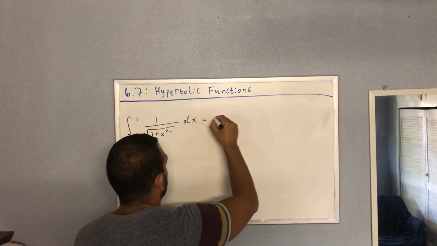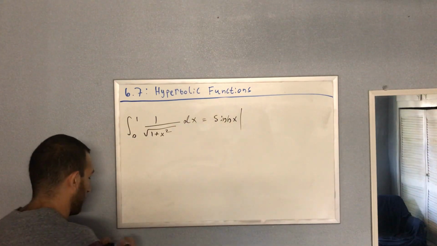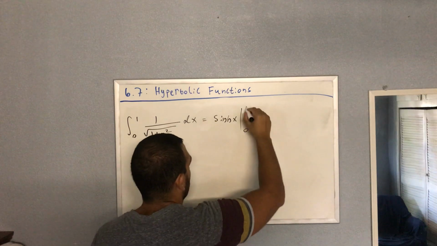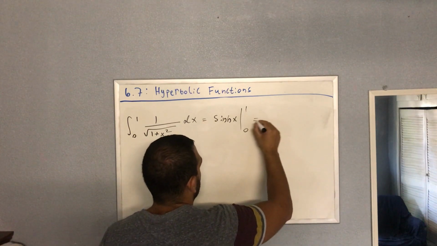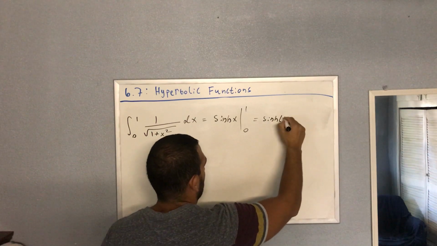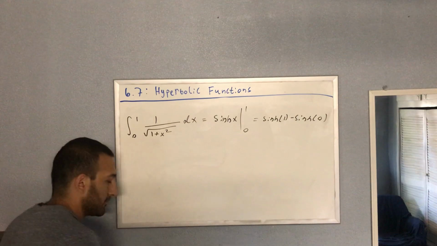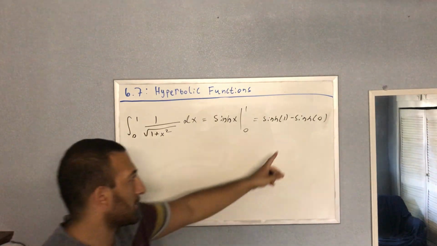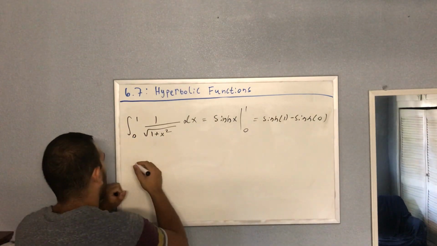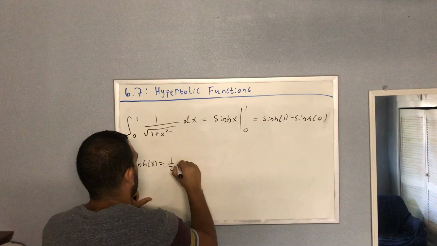So this just becomes sine h x evaluated from 0 to 1. Okay, which is just sine h 1 minus sine h 0. And we've already seen that this is 0. But let's see why again. So remember, sine hx was this guy.